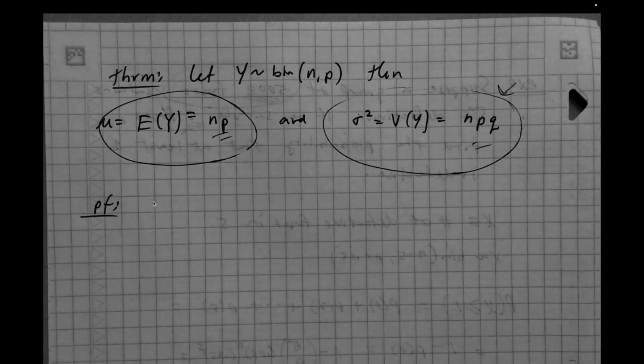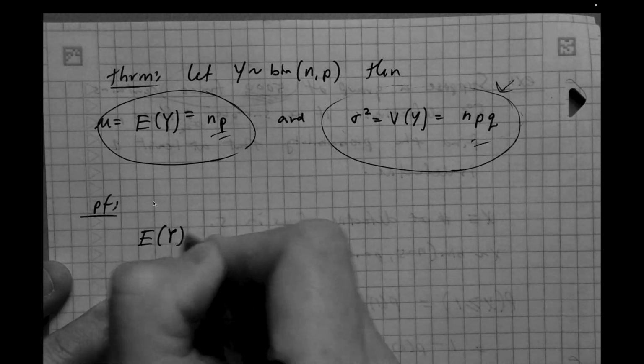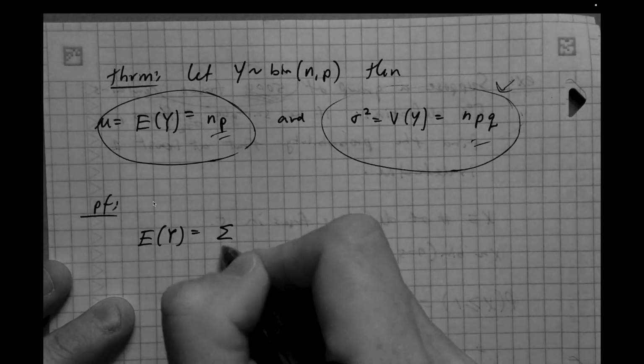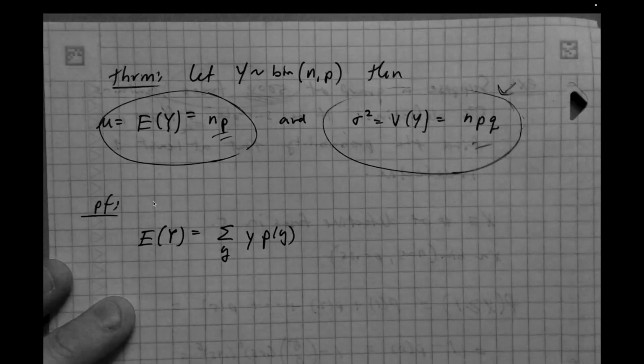Okay, so whenever you're trying to derive or prove the mean or the variance of a distribution, you just want to start by writing it out. So the expected value of Y is equal to the sum over all the y's of y times the probability of y.